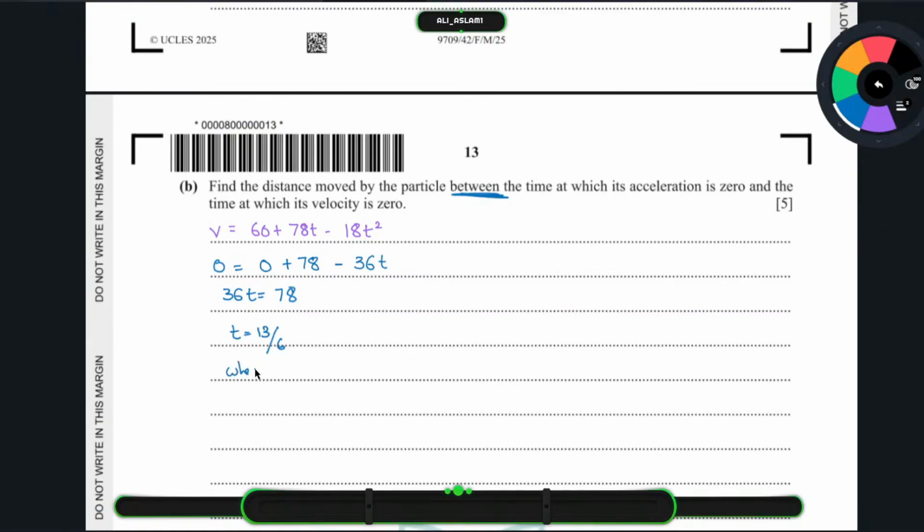So this is when a was 0, or when velocity is 0. Okay, let's solve, then we'll see.